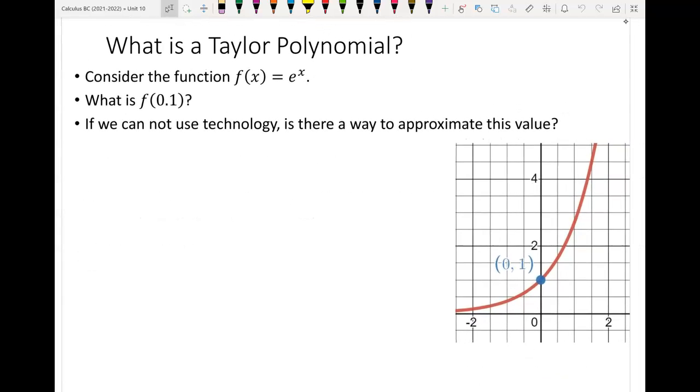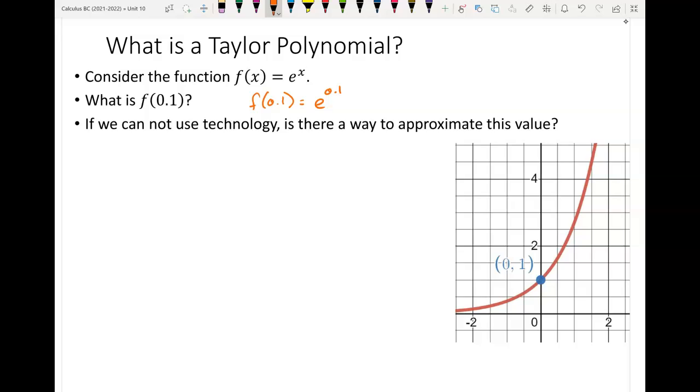So if we look at the function e to the x, it's what's called a transcendental function. And we wanted to know what f of 0.1 was. Well, f of 0.1 equals e to the 0.1. Is there really a way to do that by hand?